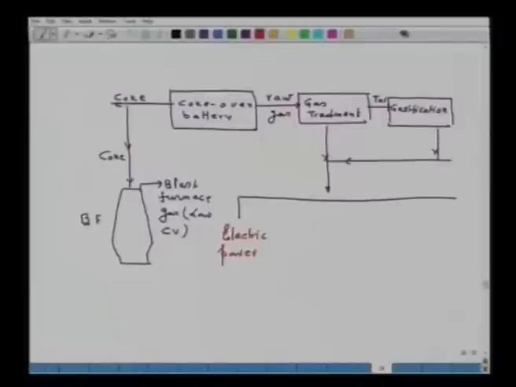Second, one can also use it to produce heat, because coke oven gas is a very high calorific value gas. So it can be used for heating purposes. Many times there is a rolling mill in the integrated steel plant.